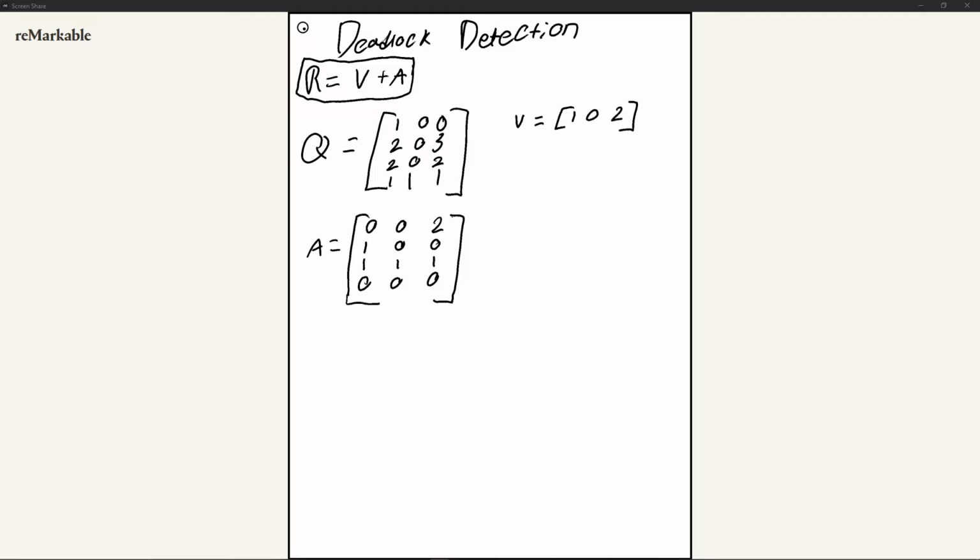He might give you V, he might give you R, so just use this and figure out whichever one he gives you. But the one you're going to be using is V. Sorry to confuse you there.